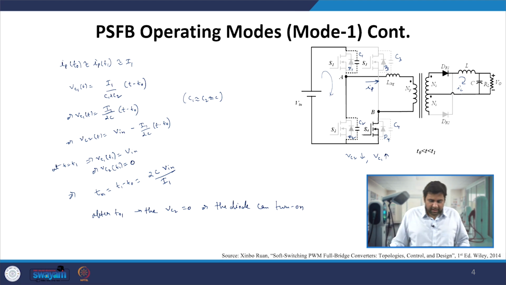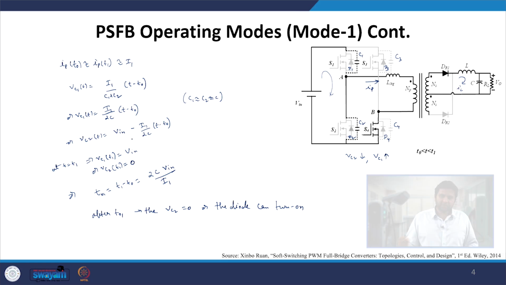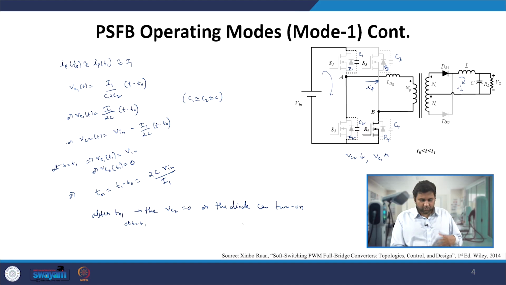From there we calculated how the voltage appears across the C1 capacitor and across the C2 capacitor. We saw that the time period between t0 and t1 is nothing but 2CVin by I1. After that, at t equal to t1, Vc2 goes to 0.